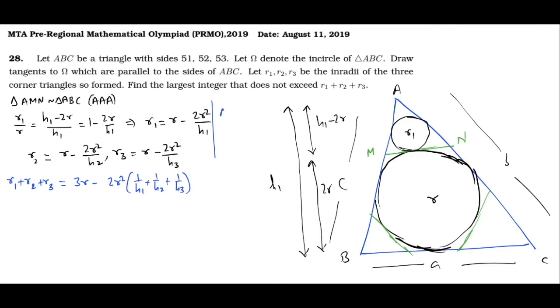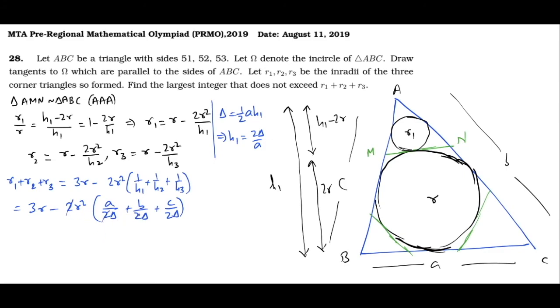In the triangle ABC, we have delta is equal to half base into height. So from here H1 we get as 2 delta by a. So this expression becomes 3R minus 2R square into 1 by H1 will be a by 2 delta plus b by 2 delta plus c by 2 delta.